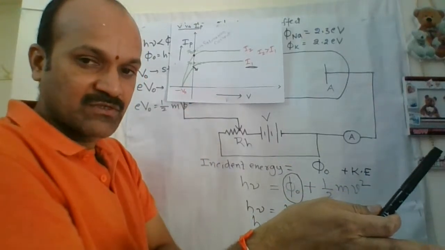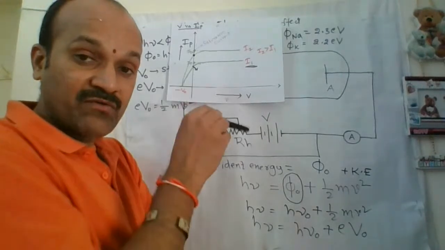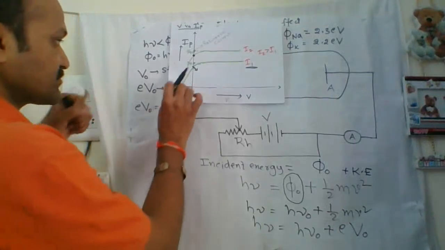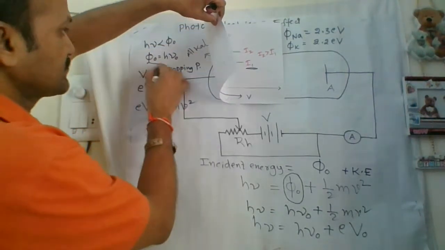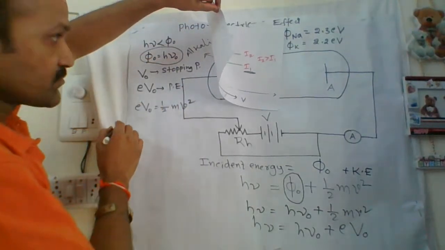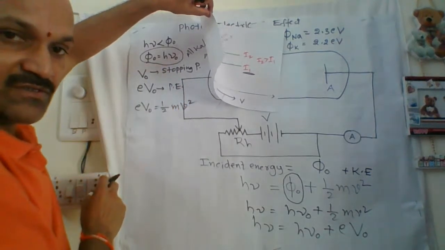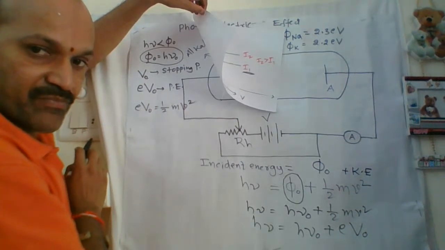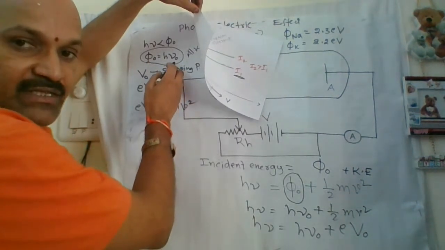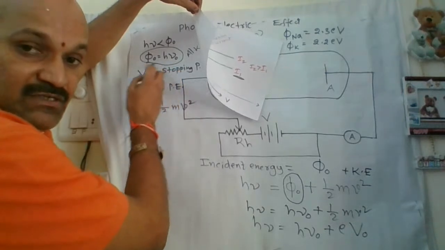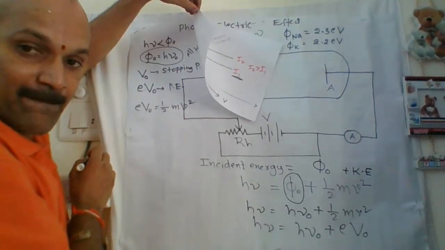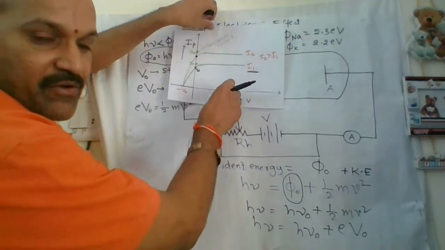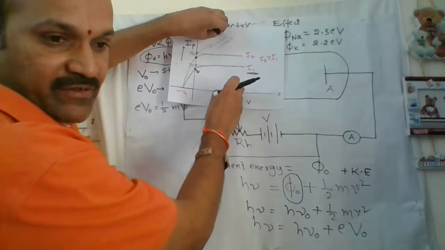On what factors does stopping potential depend? Three more graphs we have to discuss, there you can understand. You see the equation. If you vary the frequency, does stopping potential vary? Just think of it.